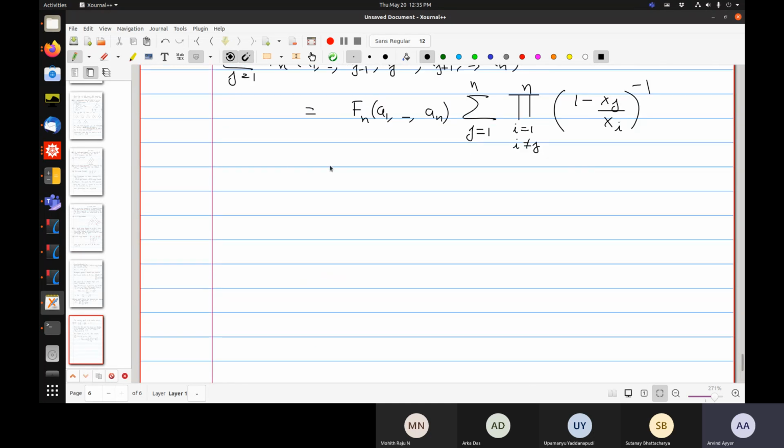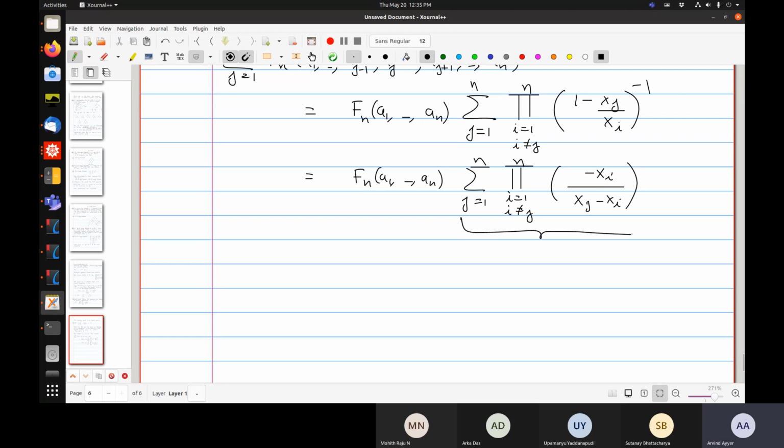Okay. But now I rewrite it as F_n of a_1 up to a_n, sum j equals 1 to n, and product i equals 1 to n, i not equal to j. I just rewrite this as minus x_i by x_j minus x_i. Okay?